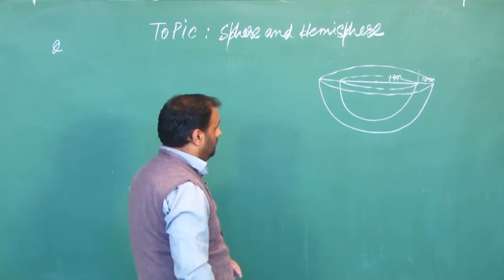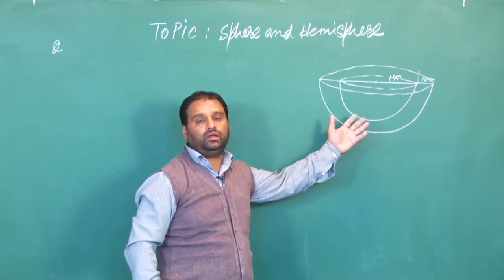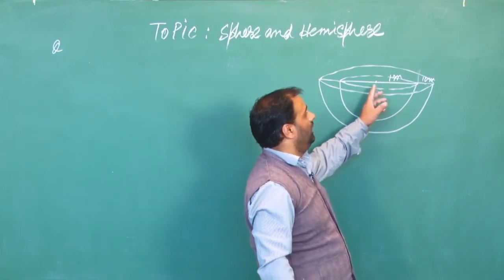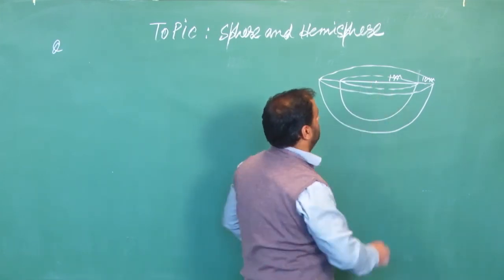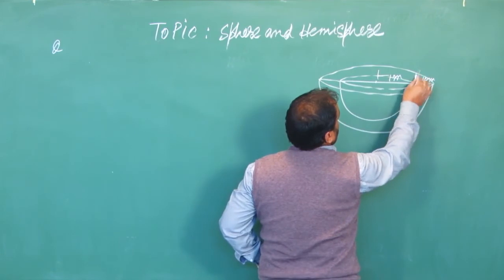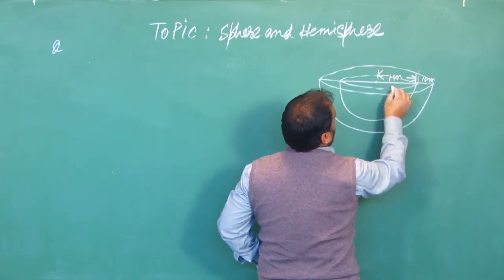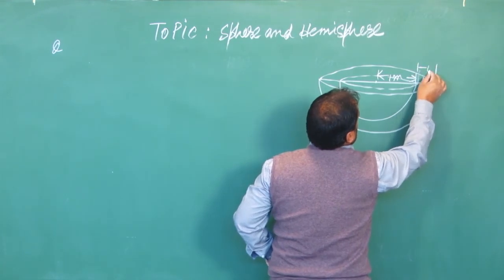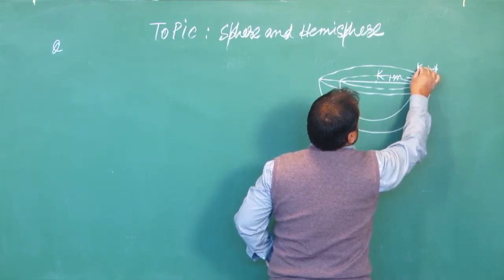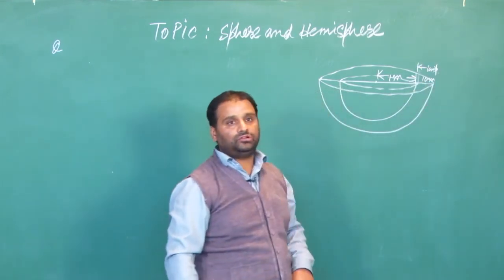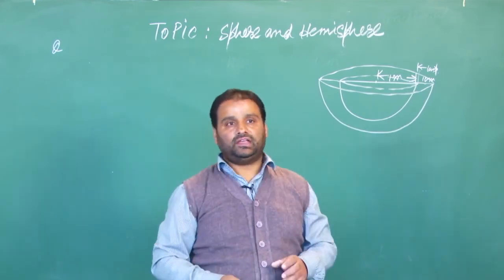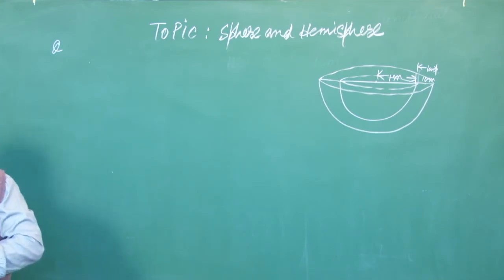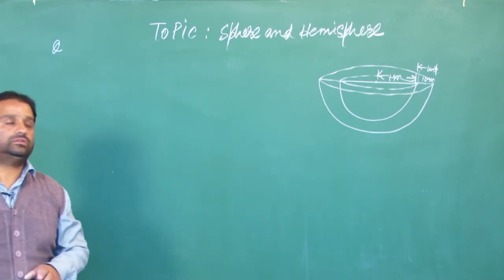We have an iron tank that is hemispherical in shape. It is given that the inner radius is equal to 1 meter, and the thickness is 1 centimeter. Now, how much iron sheet has been used in making that tank? Find the volume of iron used to make the tank.